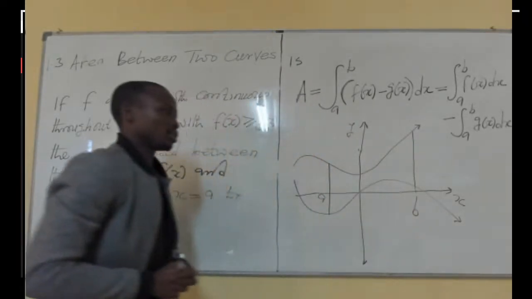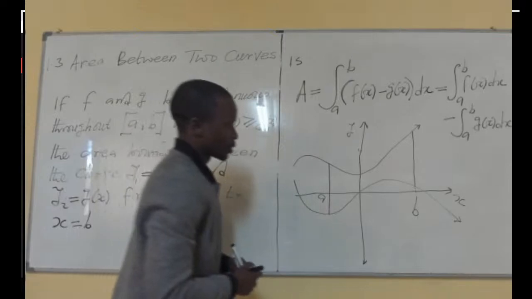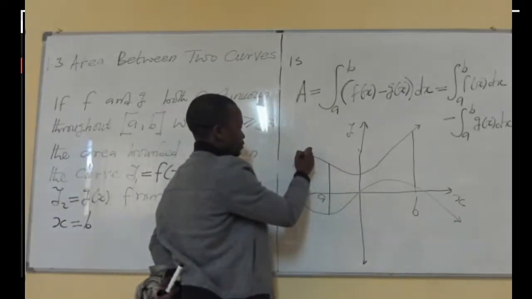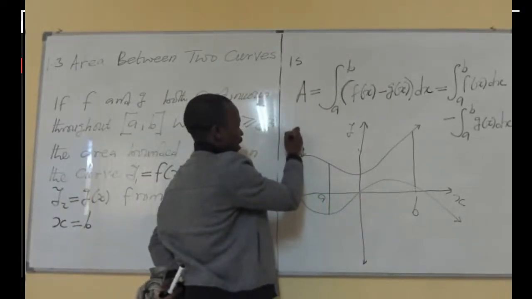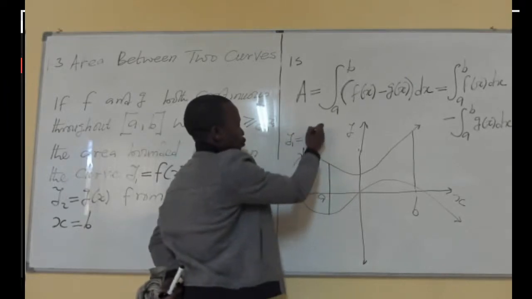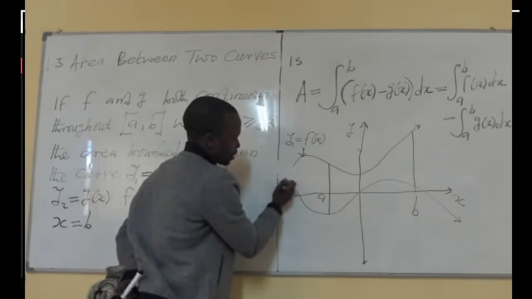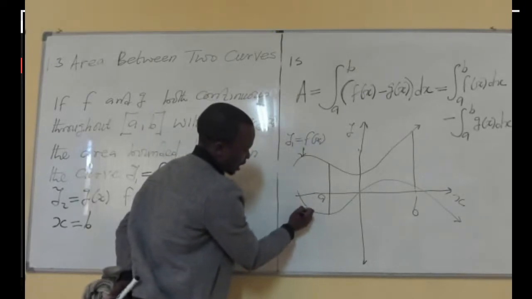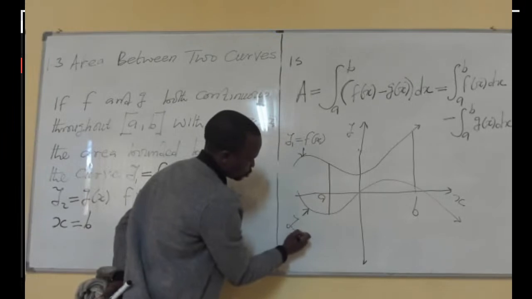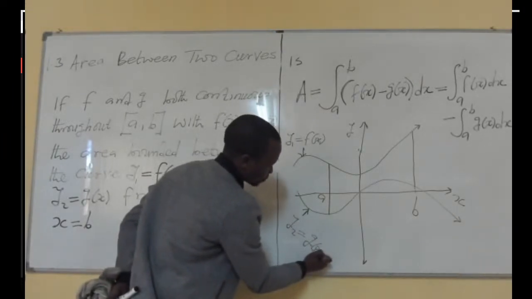The first curve is the curve y1, which is equal to f of x. Our second curve is the curve y2, which is equal to g of x.